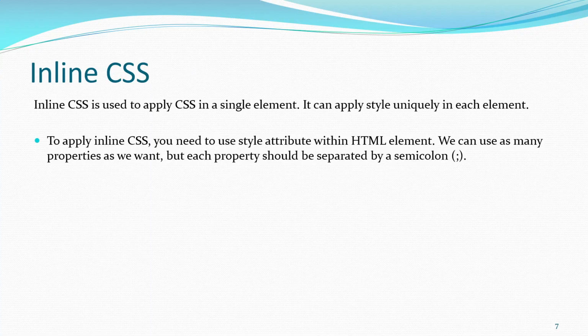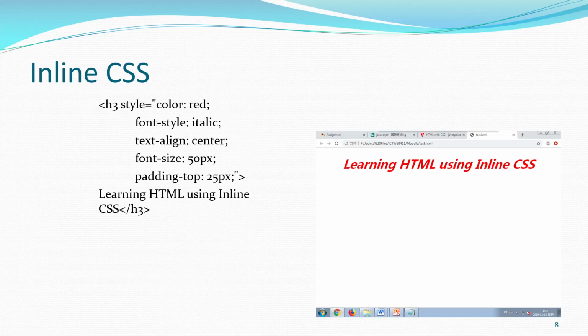So we already saw our presentation of inline, where we actually put it inside the tag, and we have the properties, we have the property name and the value that we want to implement, and we can combine multiple style elements together, separated by semicolons.